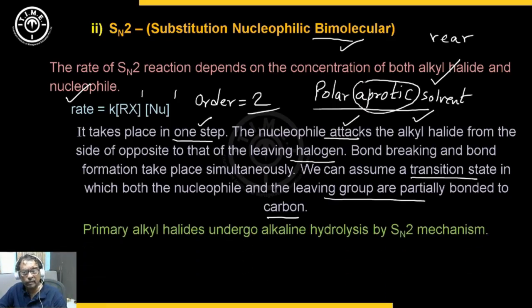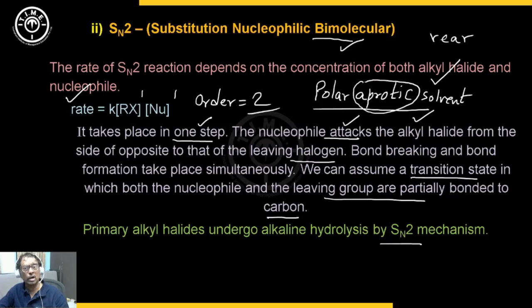Now the nucleophile has to attack the carbon, which means it needs free space to approach the carbon, and while it is approaching, there cannot be any steric hindrance. So the groups attached to the carbon should not be bulky, right? Bulky groups, if present, will block the way of the nucleophile, and it cannot come and attack the carbon.